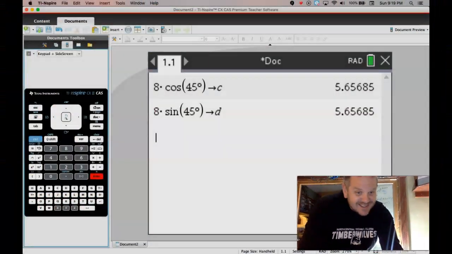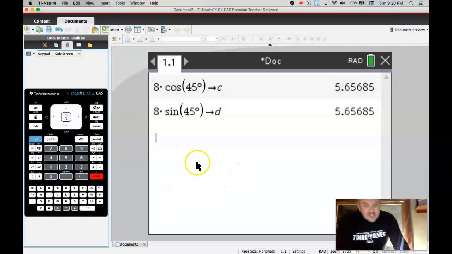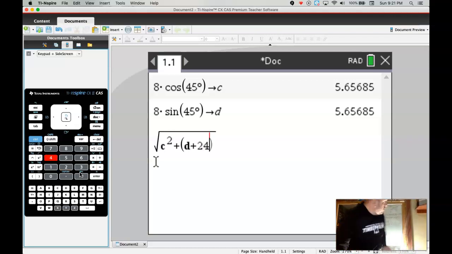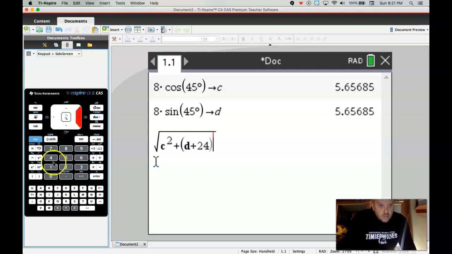So that's going to be the square root of C squared, because that's the horizontal component, plus the quantity D plus 24, squared.